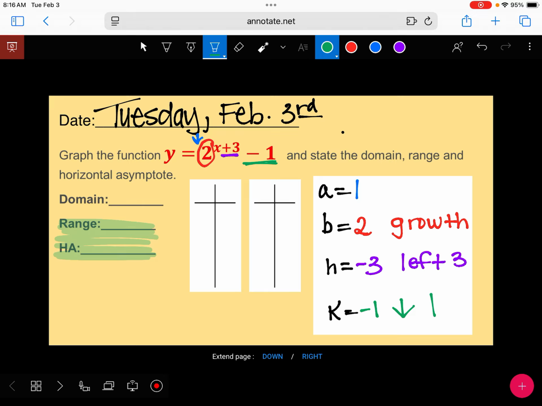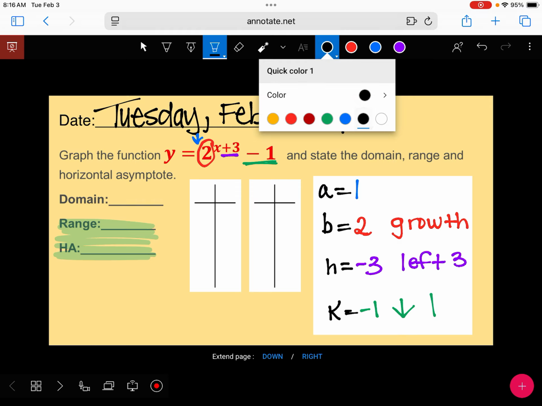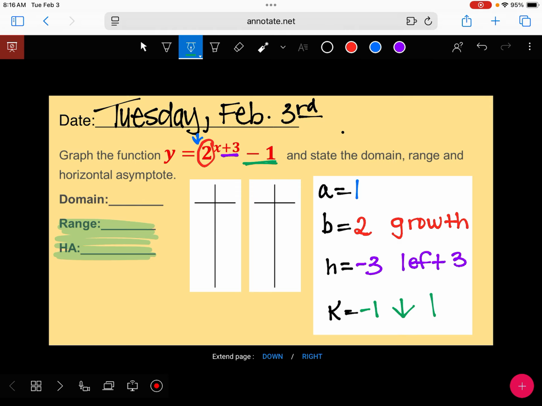Okay. So every exponential function has the same domain. All real numbers. Our range, because this is growth and because A is positive, it doesn't reflect, is K to infinity, which will be -1 to infinity.